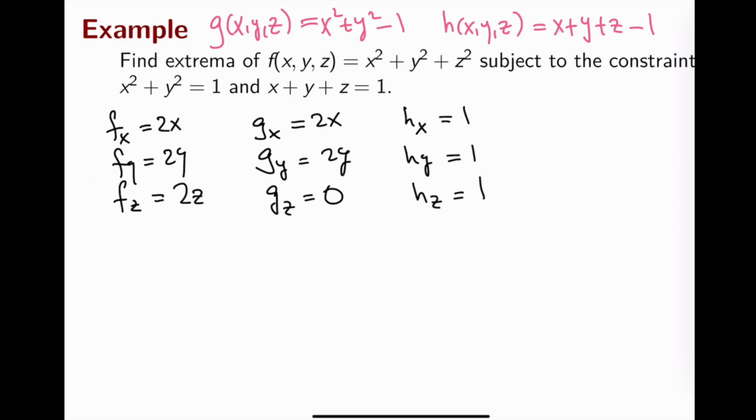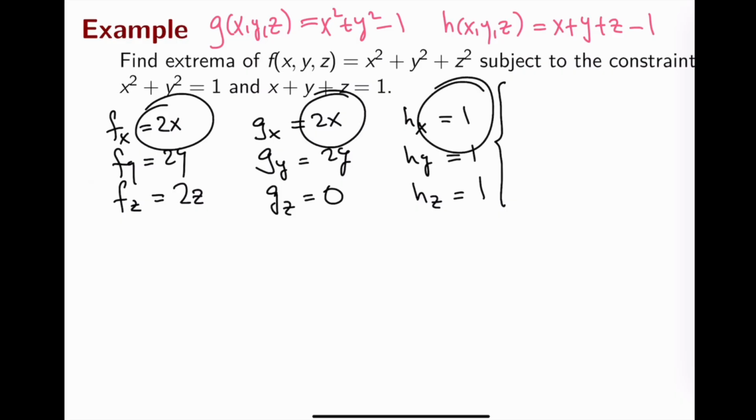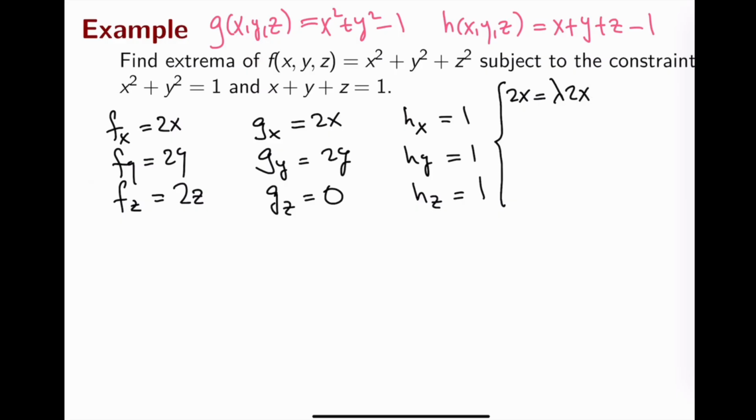Okay, so now we put everything in the system of equations that we said before. The first equation will be 2x equals lambda 2x plus mu. The other one will be 2y equals lambda 2y plus mu. And the third one will be 2z equals mu.